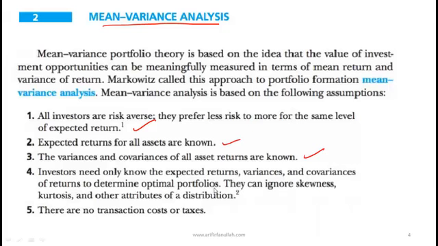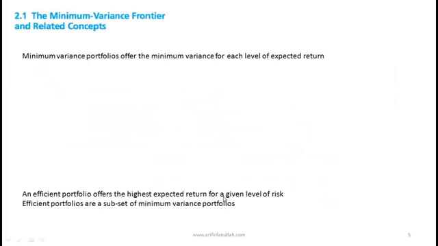So essentially we are keeping things simple, and we ignore skewness, kurtosis and other attributes of distribution. We ignore transaction costs and taxes. So these are the assumptions behind mean variance analysis, and you need to know this.